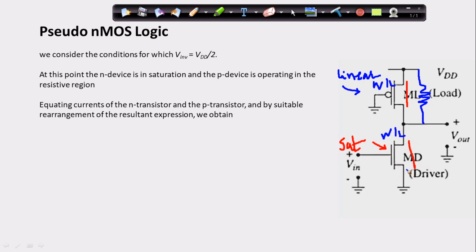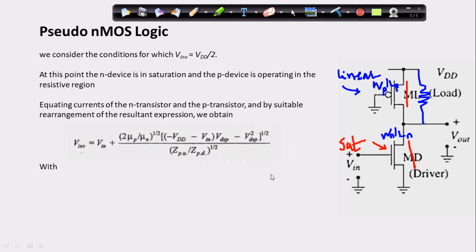When we equate, I'll consider this as WP by LP, and this as WN by LN. By equating and doing a suitable rearrangement, the resultant expression we can have over here is this.